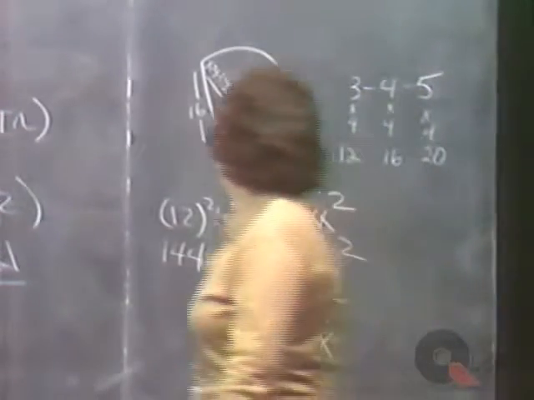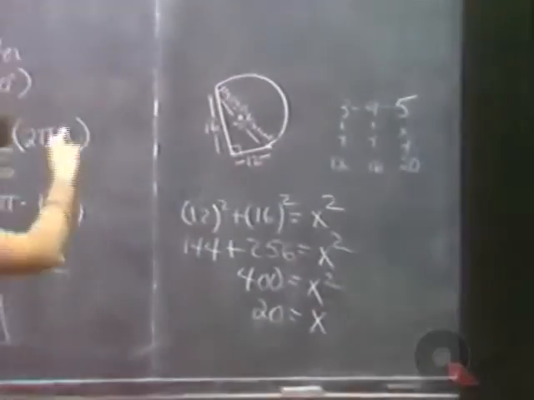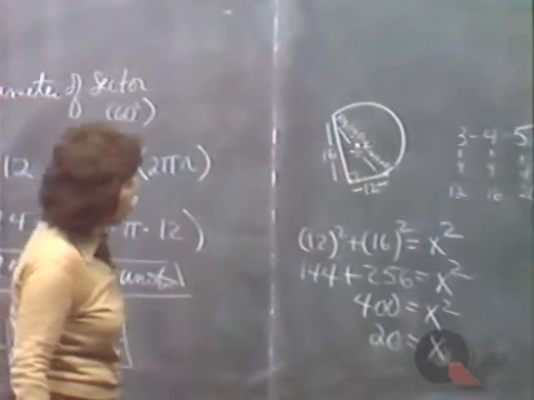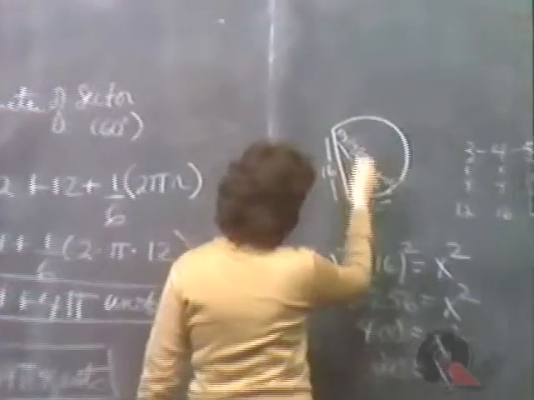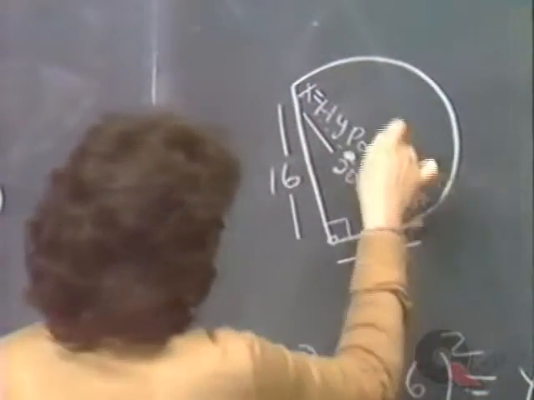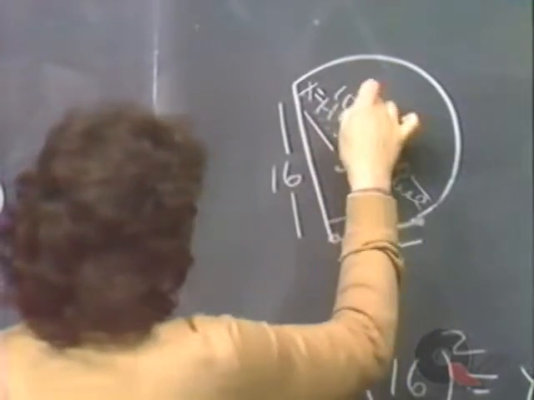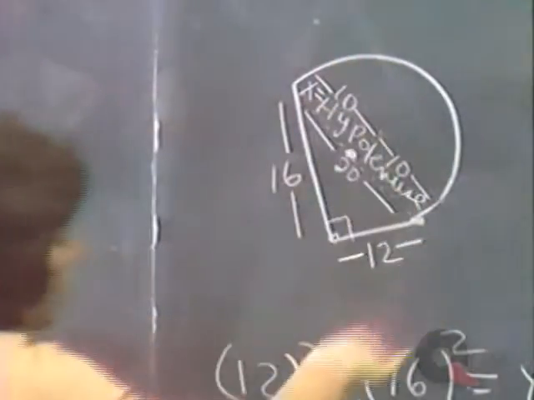Okay, either way, we've gotten now the hypotenuse of the triangle, which means we also have the diameter of the semicircle. The radius, therefore, is half of the diameter. The radius is 10. The radius from here to here is 10. From here to here is 10, to give you the 20.